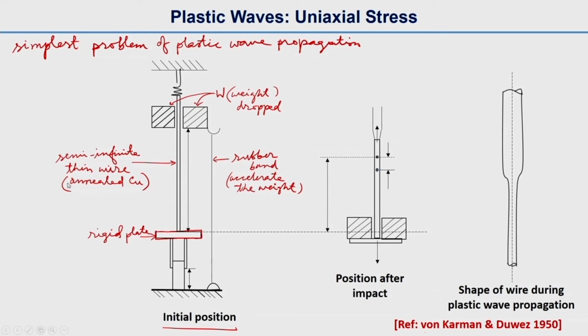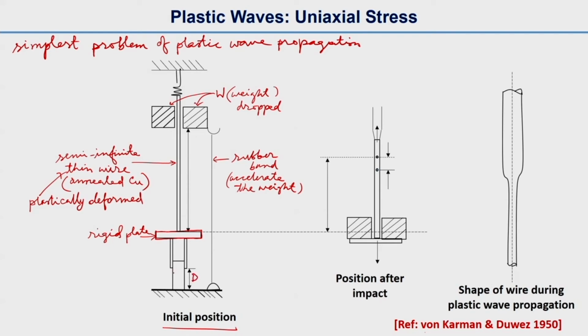So this will be plastic deformation of the wire. Actually we are focused on the wire now. This thin wire will be plastically deformed when the weight impacts on the plate, and the allowable deformation here is D.